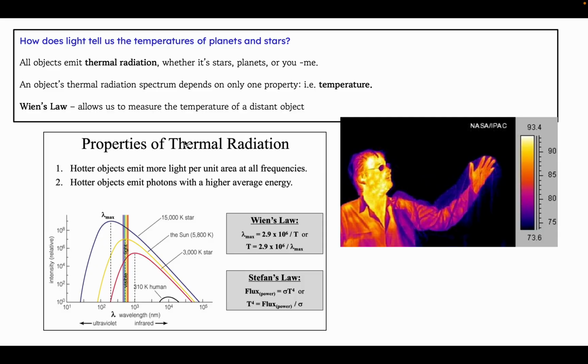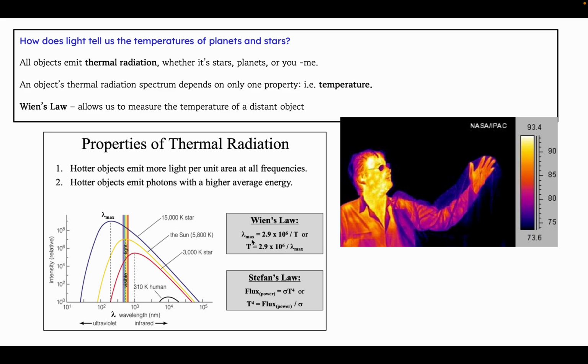So the properties of thermal radiation are: hotter objects emit more light per unit area at all frequencies, and hotter objects emit photons with higher average energy. Here is Planck's blackbody law, where you can see that the hotter object has the lower peak wavelength, that is, the higher frequency.